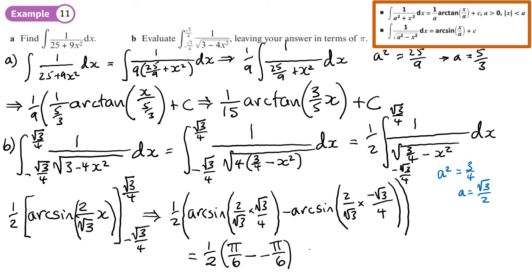So basically you've got half times pi over 6 plus pi over 6, which is going to be 2 pi over 6 or pi over 3. So we end up with a final answer of pi over 6 as that integral evaluated with those limits.